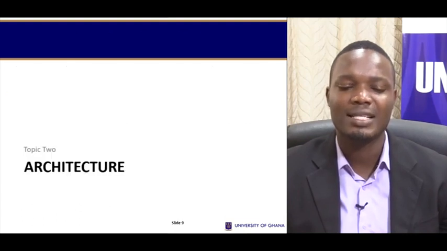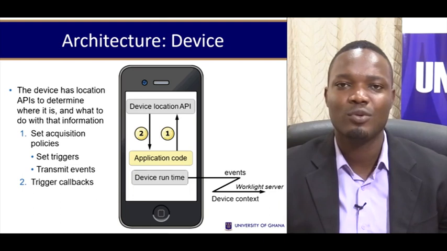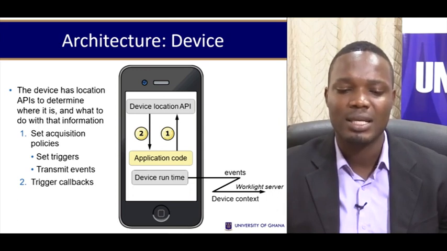We'll now look at the architecture of the location service. Okay, so we'll focus on the device for now. Now, the device has location APIs to determine where it is. So most of the sophisticated phones that we have now, very common, they come with some means or API for us to be able to determine where the user is currently located.